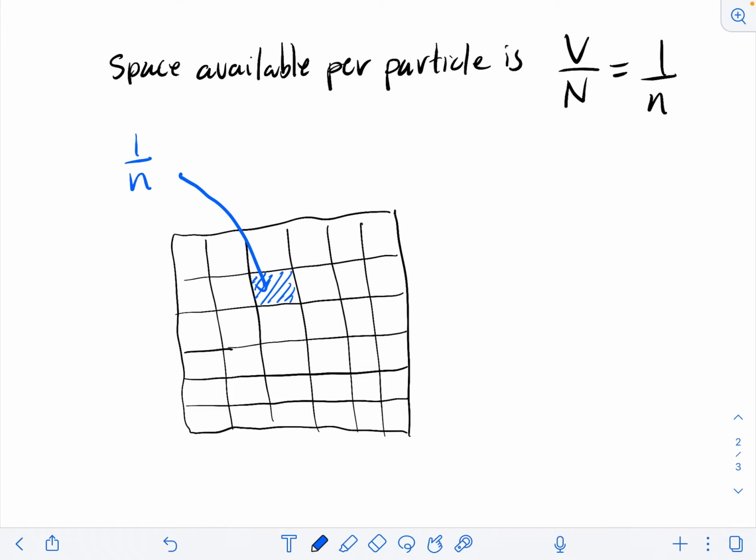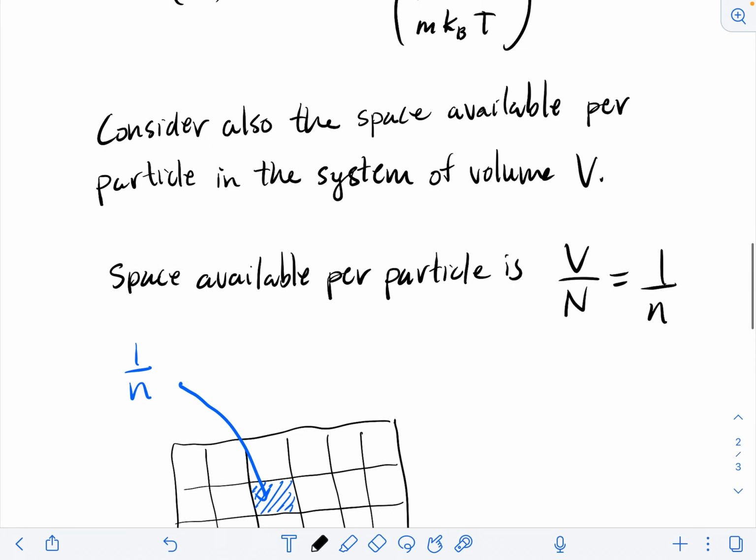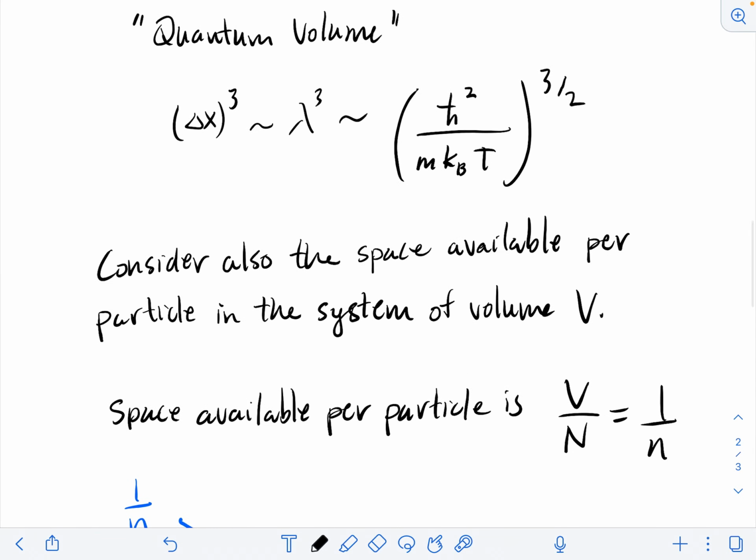And so one case to think about is the high temperature limit. High T, or this would be like a classical limit. Okay, so if we go to high temperatures, then this quantum volume, lambda cubed, becomes small because there's temperature in the denominator.